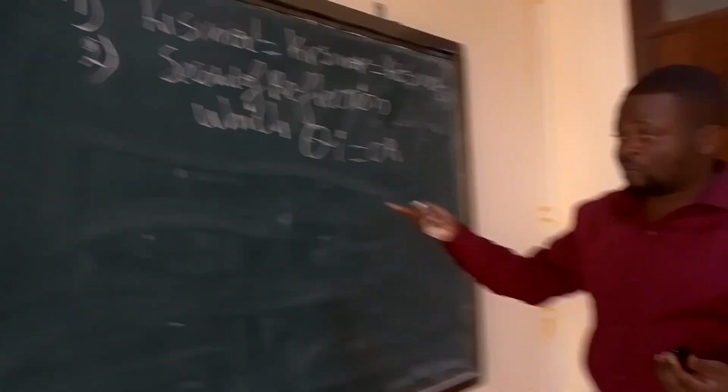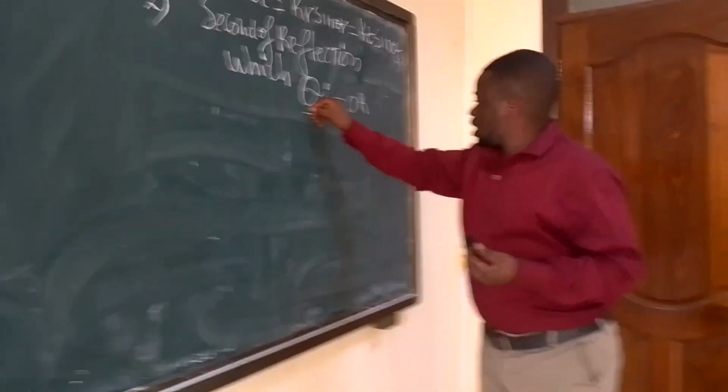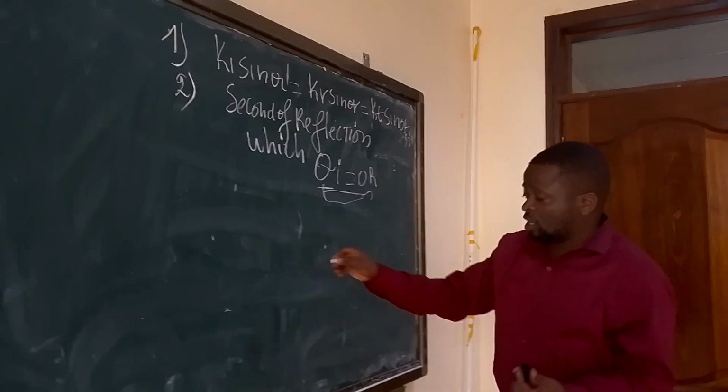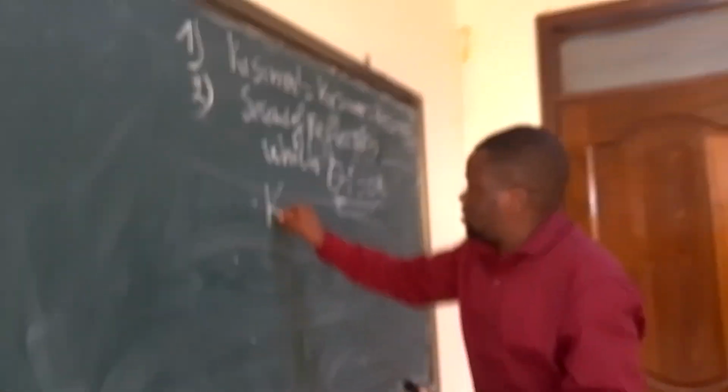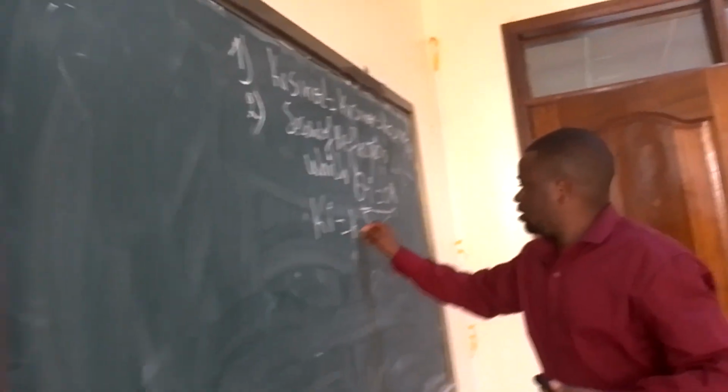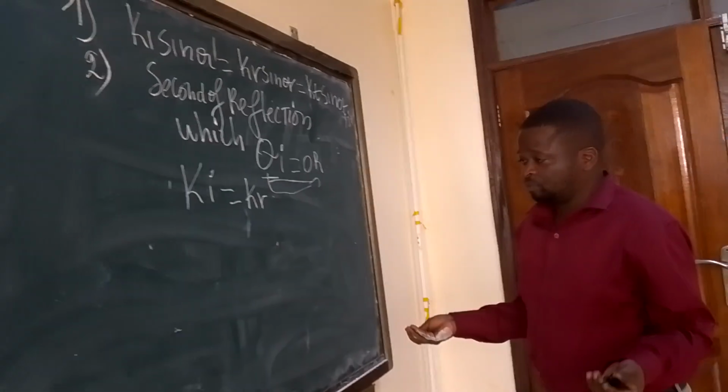We have to know where this came from. We know that in the same medium, K incident is equal to K reflected.